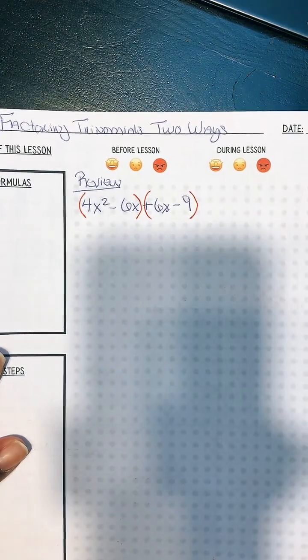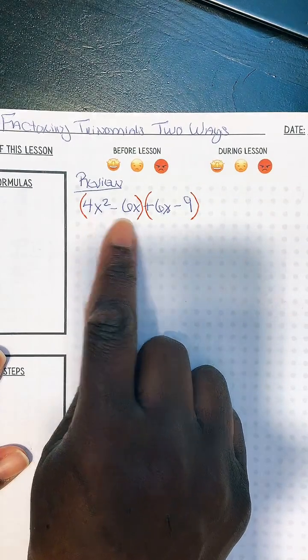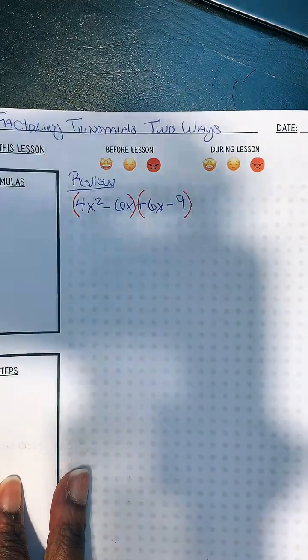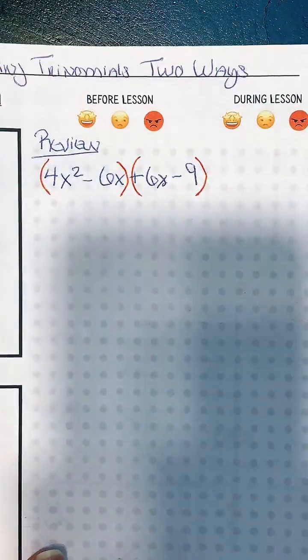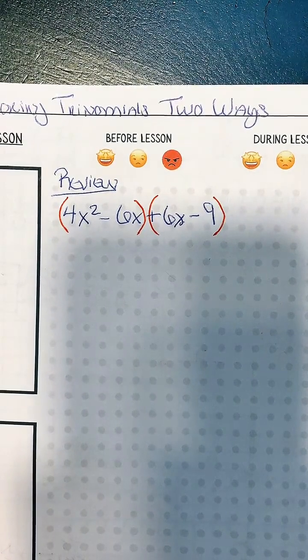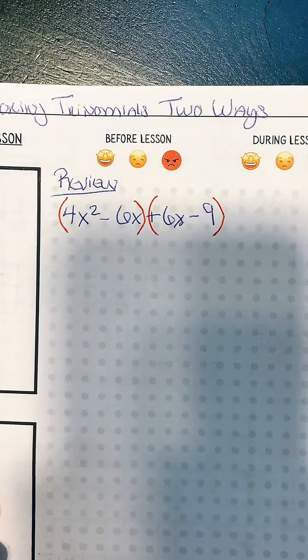So what we're doing is finding the GCF of each of the parentheses. Let me see if I can zoom in just a little bit more. There we go.